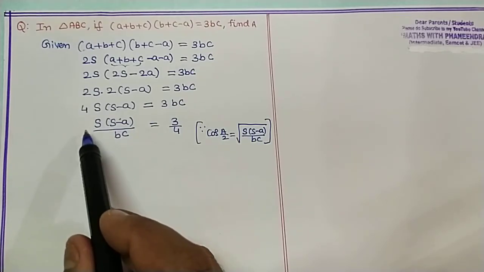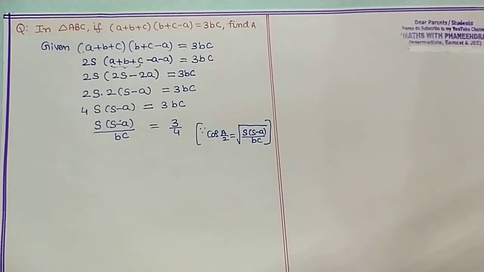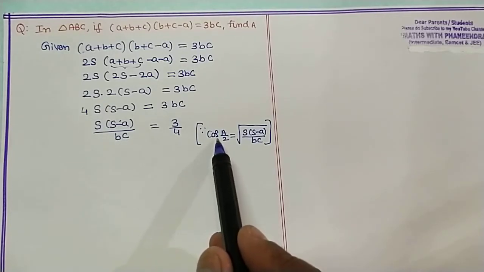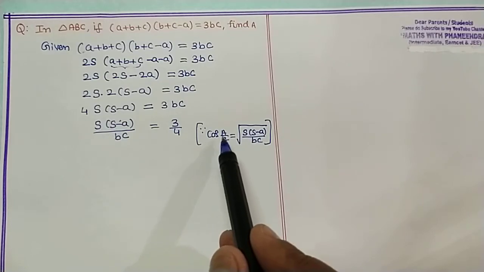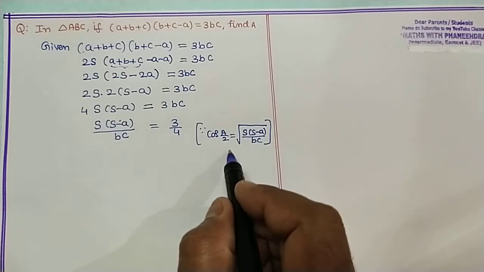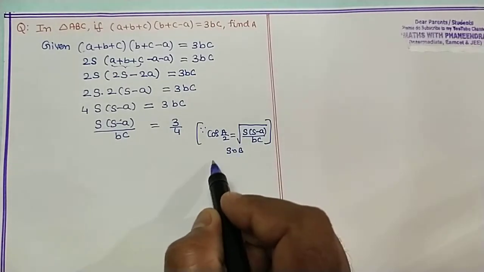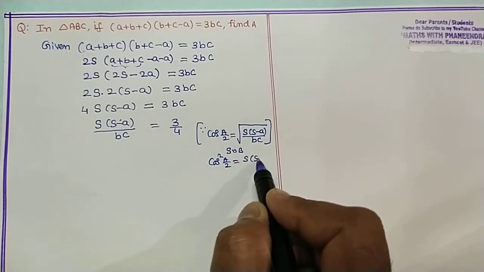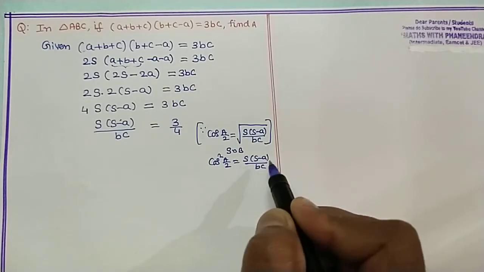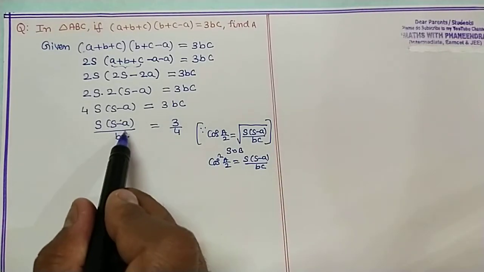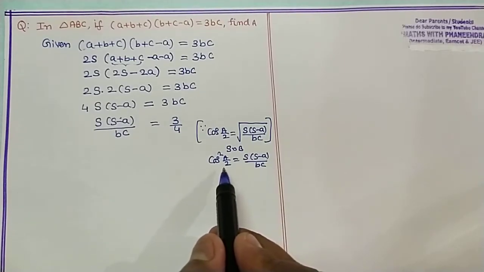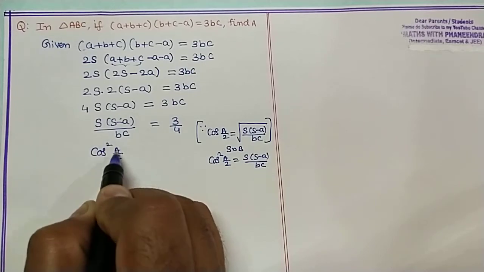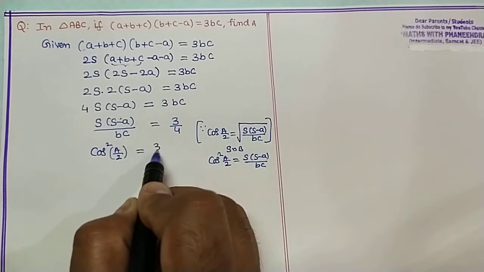But here S into S minus A by BC is there, no? That is indirectly the square of cos A by 2. So squaring both sides of the formula, we get cos square A by 2 equal to S into S minus A divided by BC. So in place of S into S minus A by BC, we write cos square A by 2. Therefore, cos square A by 2 is equal to 3 by 4.